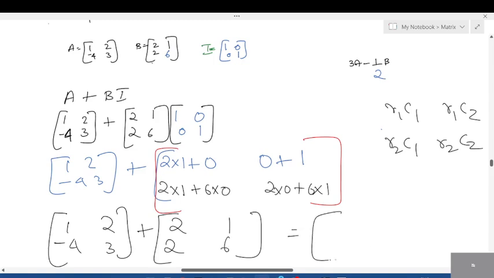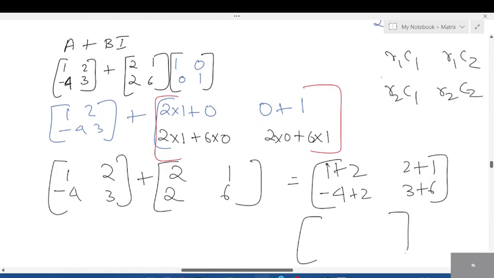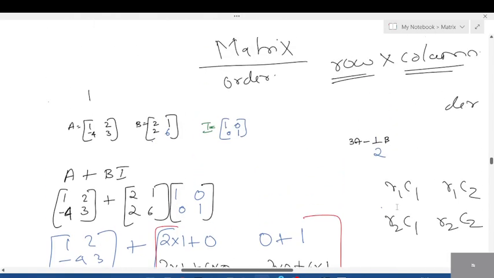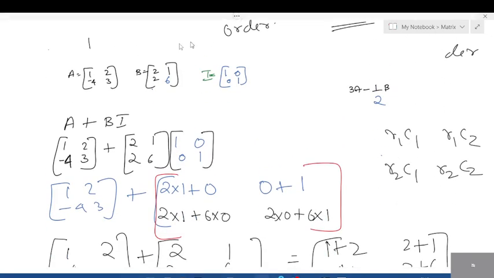Then how do you add? What's the final answer? Minus 4 plus 2. Final answer. Next, division question. One multiplication is done.